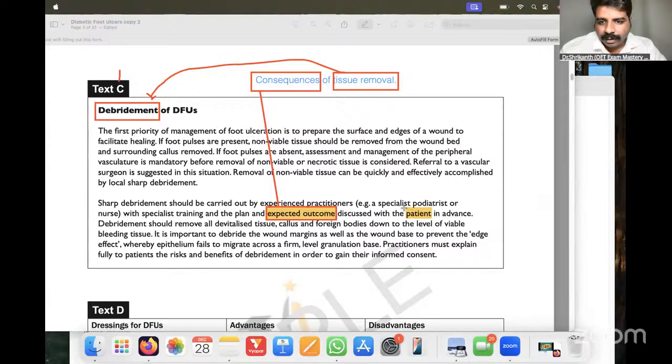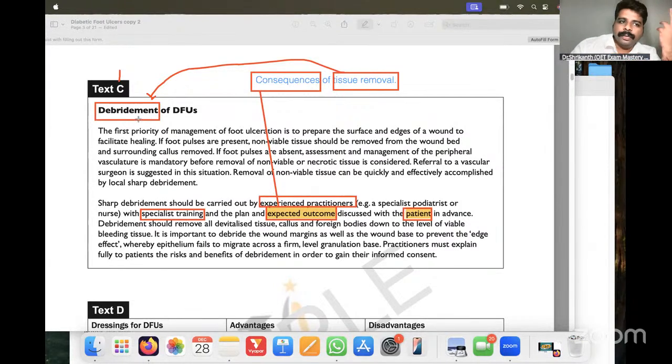The medical staff here are specialists with specialist training, so experienced practitioners, and with the plan they should have a discussion. They should discuss with the patient the consequences of tissue removal, that is, debridement.